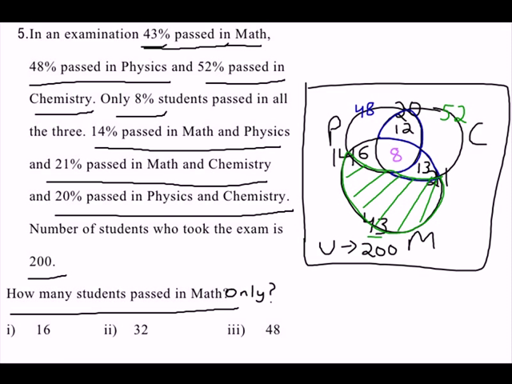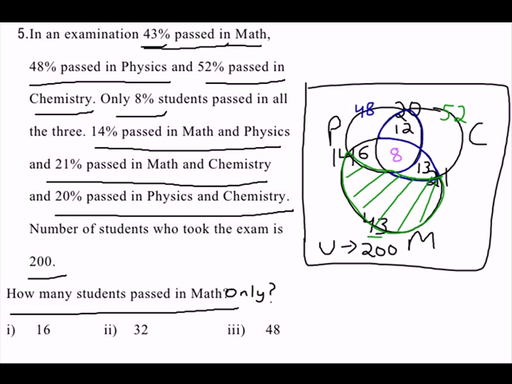Now from this information and the other pieces of information, we've derived that 6% students passed in physics and math alone and not in chemistry, 8 in all of them, and 13 in only chemistry and math but not physics.